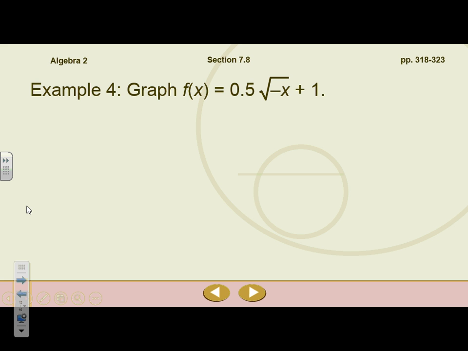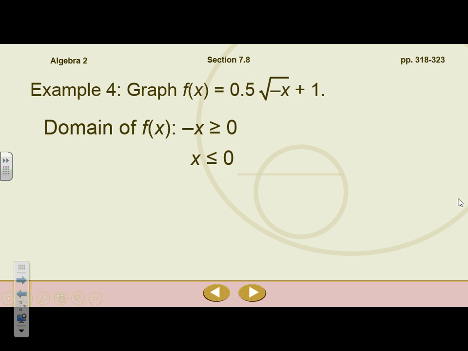What is 0.5 in a fraction? Yeah. So is that a stretch or a shrink? Yep. Okay. So if I go ahead and say my domain is still going to start at 0, but what's going to happen because of this? Yeah, it's not going to be greater than 0. It's going to be less than.